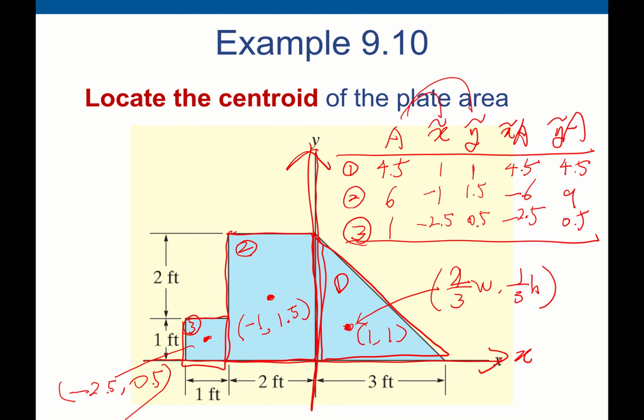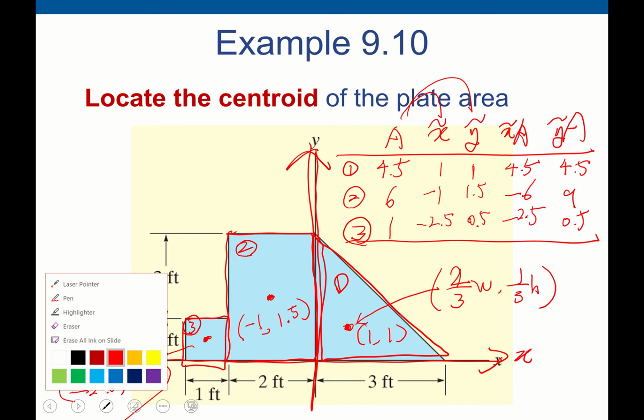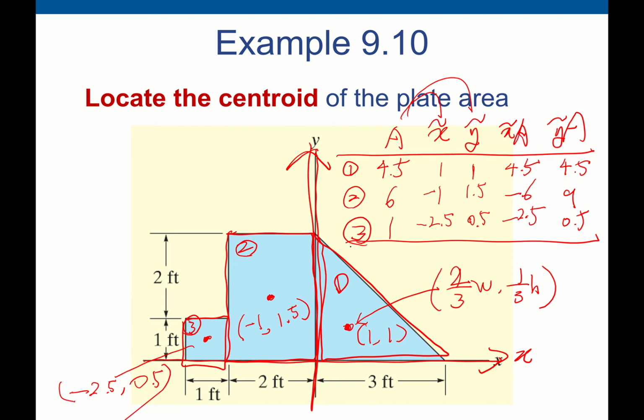Okay, so let me use another color. We can calculate that sigma A is 11.5 and sigma x tilde A is minus 4 and sigma y tilde A is 14. So now what?